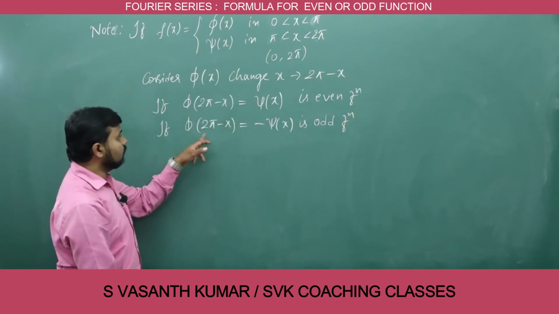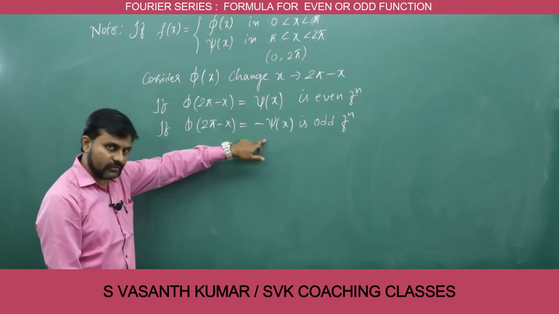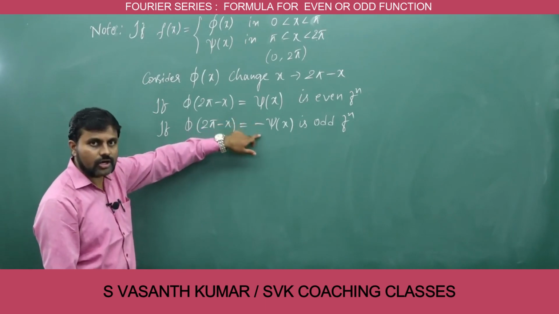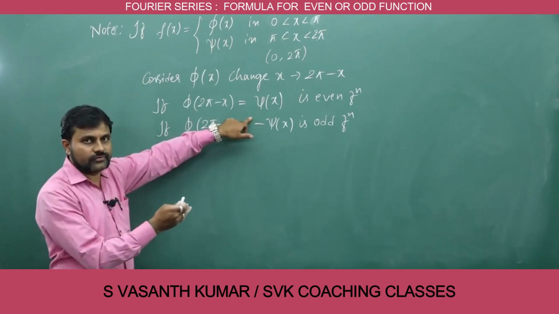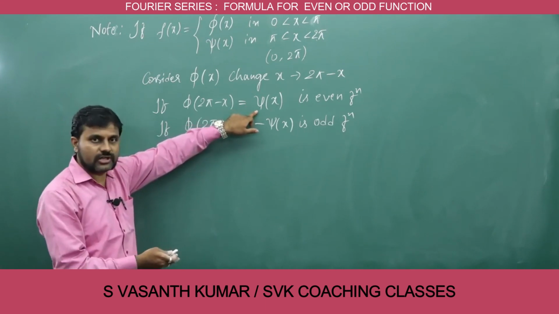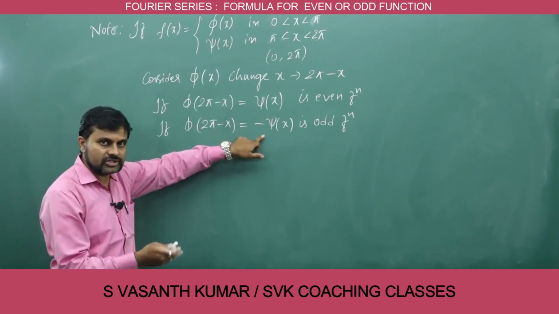Then you came to know what is an even function and what is an odd function. Once you know even or odd, you know how to find the Fourier series, as I have explained. If the given function is even, bn is equal to 0. If the given function is odd, a0 and an will be 0.